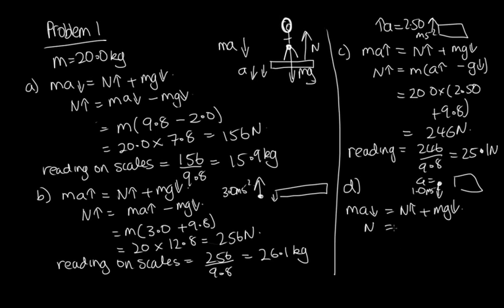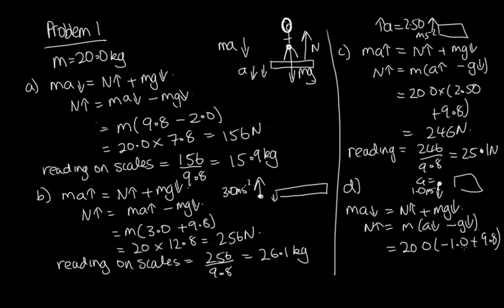And so the normal force is equal to the mass times the acceleration downwards minus g downwards. So this is equal to 20.0 times the acceleration downwards, which, to account for the downwards direction, is negative 1.0, minus g downwards. g is minus 9.8, so this is plus 9.8.